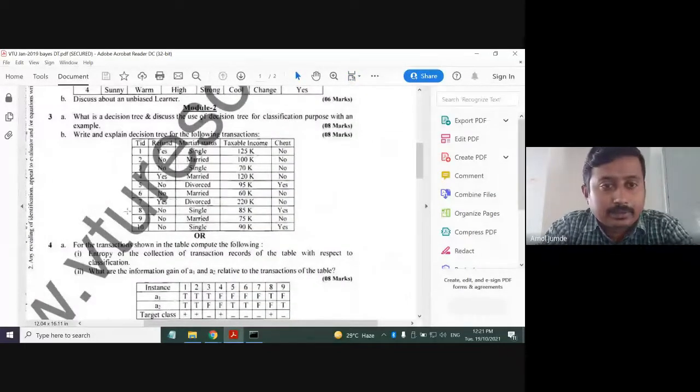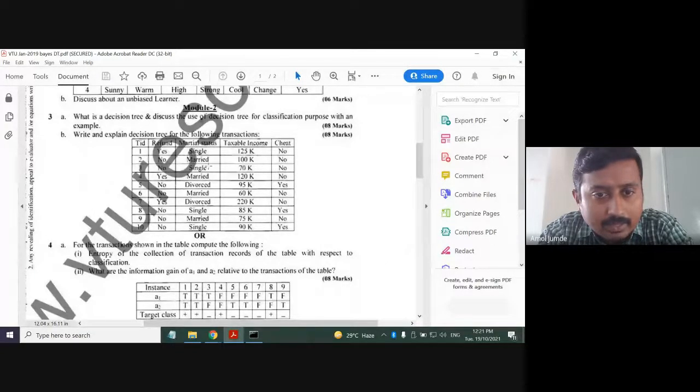So here we have refund. We have yes and no values, that means a finite number of values, so this attribute is a discrete one. Then in marital status, we have single, married, and divorced. Three values are there, again a discrete valued attribute. But taxable income, we can have any value here.